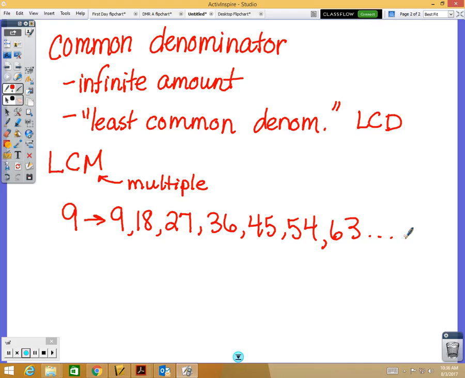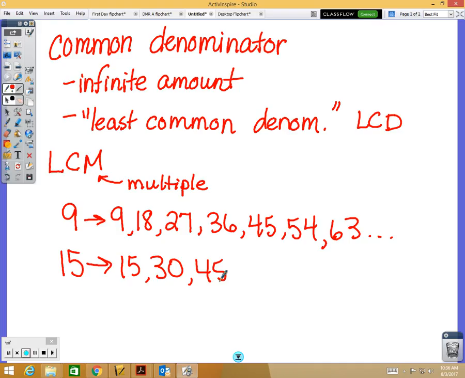So if I gave you another number, like 15, and I wanted you to find the LCM of 9 and 15, then, all right, we've listed the multiples of 9. So now if we list the multiples of 15, which would be... Now, would there be any reason for me to go on past 45?